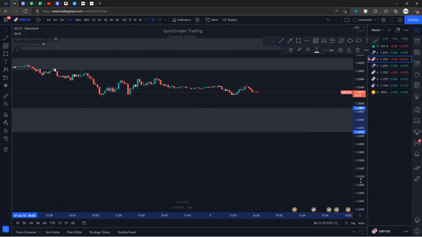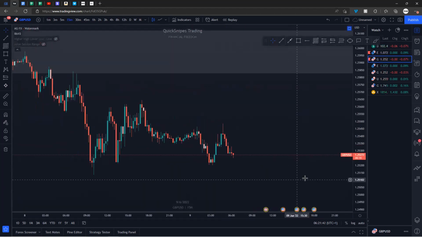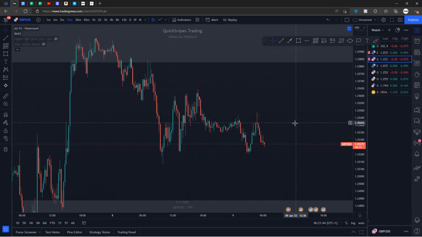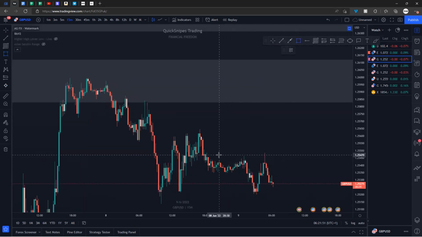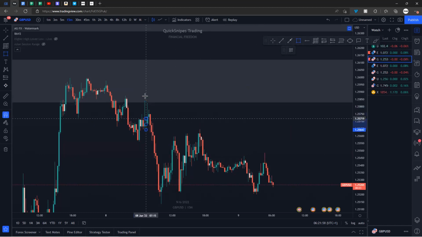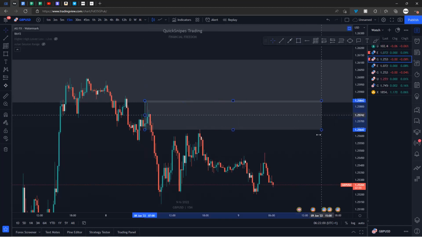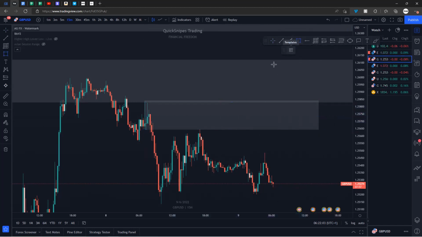We're looking at 15-minute potential areas to enter off of. Again, a bit of a ranging market. However, I can see a few areas which interest me. I can see this area as a zone because that area is reacting off of this area. That area has swept liquidity over here.